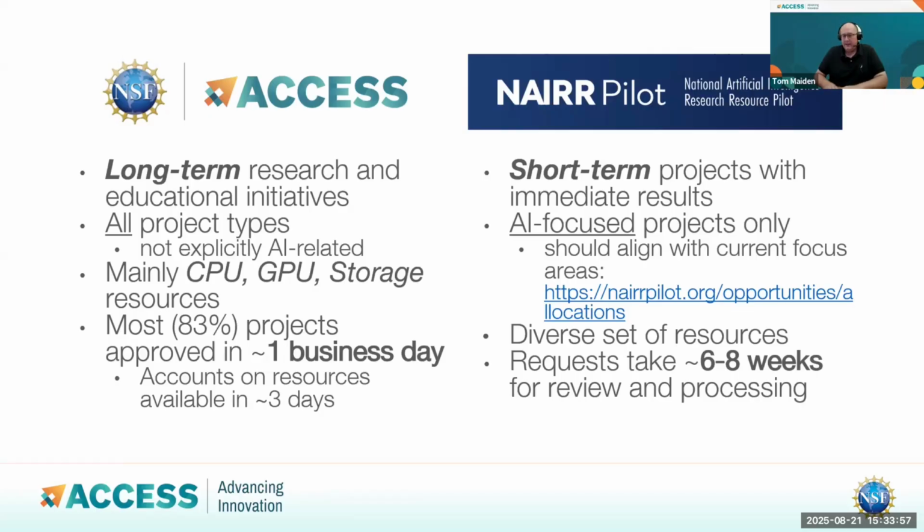If you are working in AI only and you're looking to do a short-term project, you can look into the NAIR pilot program. I will tell you though that the processing of requests and the background things are just much faster and more easily handled in the Access program. So a very small set of people really should be interested in their pilot, but I would feel remiss if I didn't at least mention it.